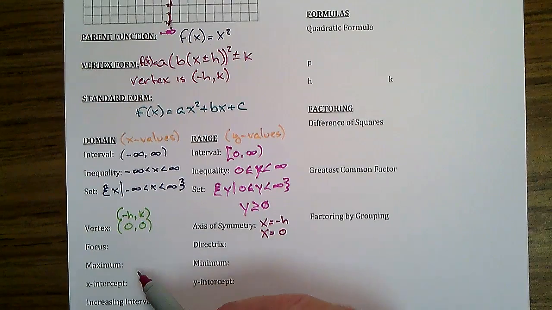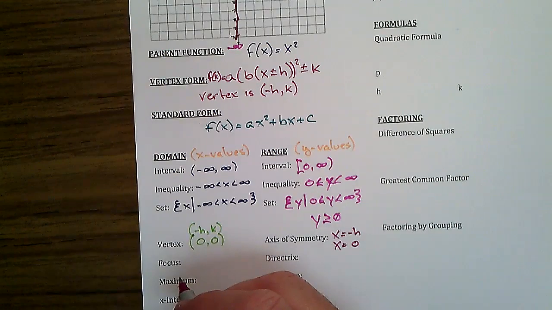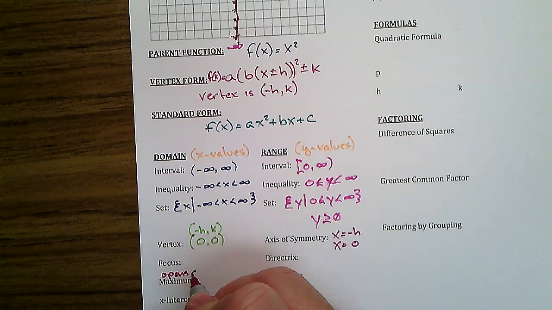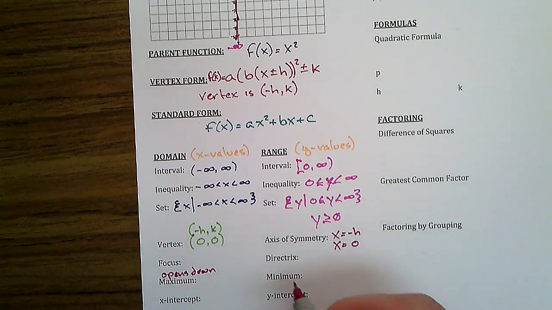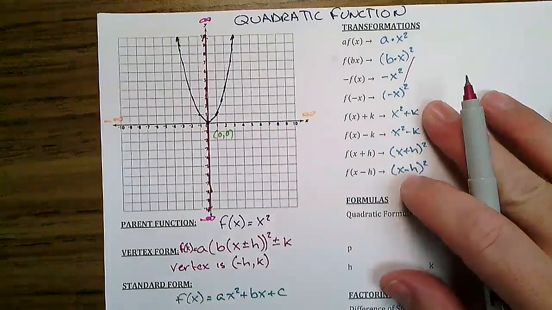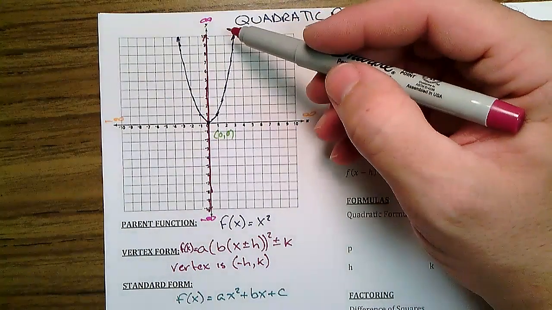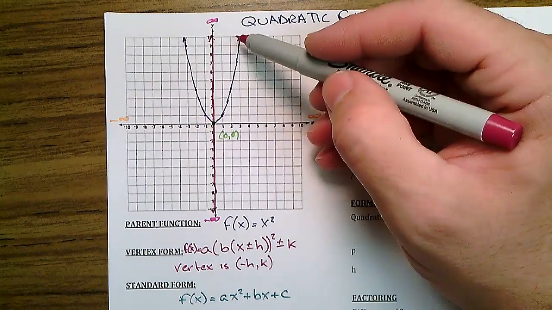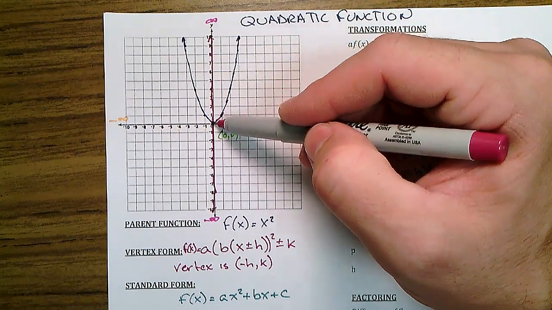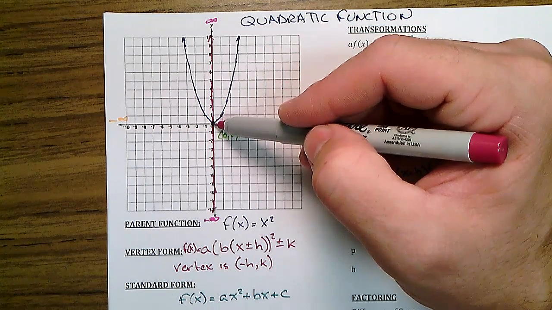Now, for this function, you're going to have a maximum if it opens down, and a minimum if it opens up. So if we look at our graph, we can see that it's opening up, so it's going to have a minimum. Our minimum is going to be that lowest y value, the bottom of the valley, which in this case is going to be our vertex.